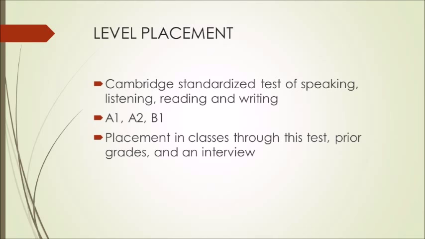Level placement is done through a combination of interviews, prior grades and test marks, and a standardized test from the Cambridge Test Service. Students are placed in classes according to the levels A1 beginner, A2 pre-intermediate, and B1 intermediate.